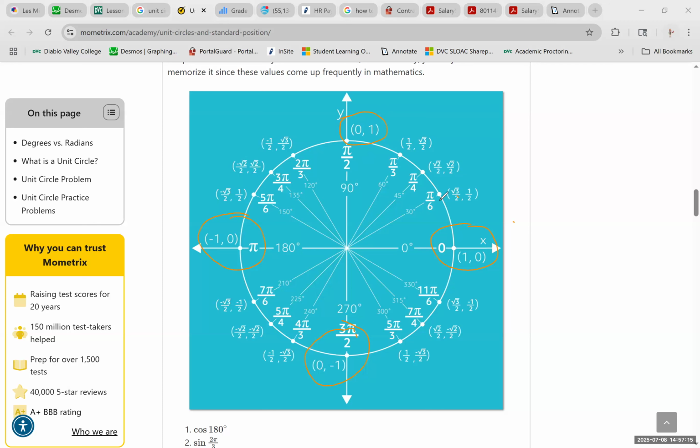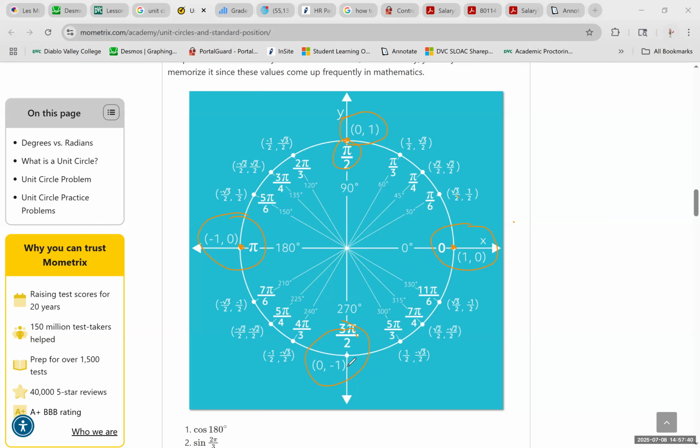For 0, 90 degrees, which is pi over 2, pi, or 180 degrees, and 3 pi over 2. Because the points of intersection, if this is the unit circle, this point here is just 1, 0. I don't have to memorize that. This is the unit circle. This point of intersection is 0, 1. This point of intersection over here will be -1, 0.